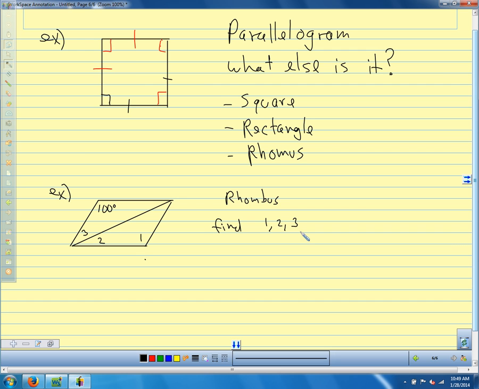So we know this is a rhombus. Which one can we figure out really easily? Angle 1 is going to be what? 1 has to be 100 degrees because a rhombus is a parallelogram and opposite angles are congruent. Now how are we going to figure out 2 and 3?